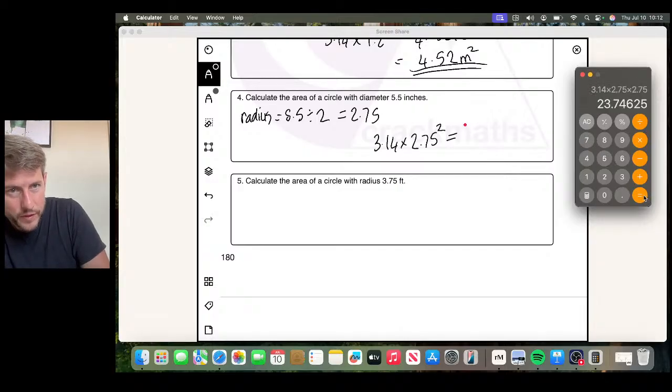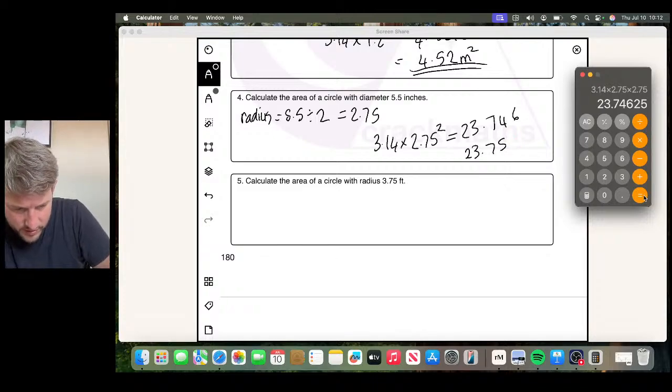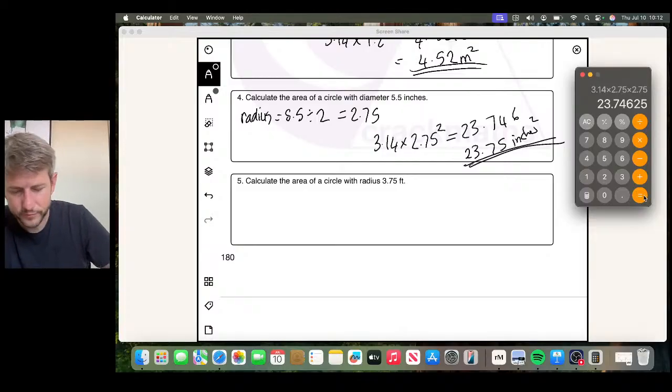Okay, and then we get a bunch of numbers. And then we want to round it to 2 decimal places. That's 23.75 square inches. And I'll just indicate that with that little 2.